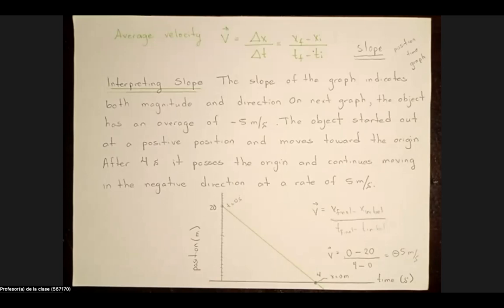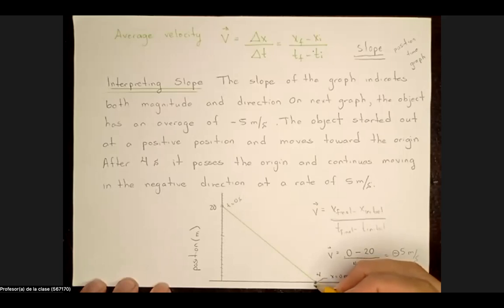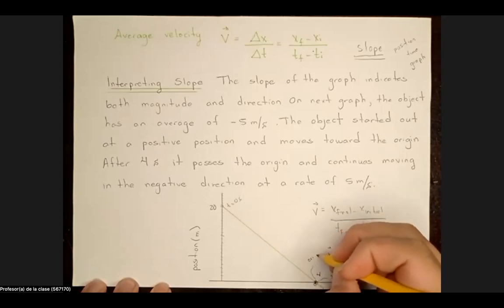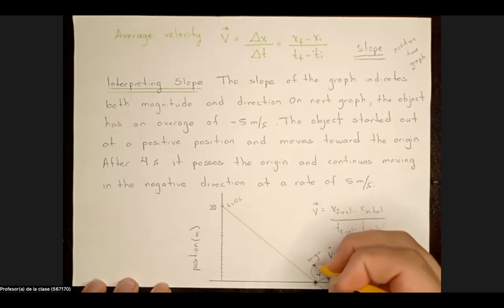And then we have another important characteristic here, okay? The intersection of the straight line with the vertical axis, this point over here, represents the origin of the movement, always.